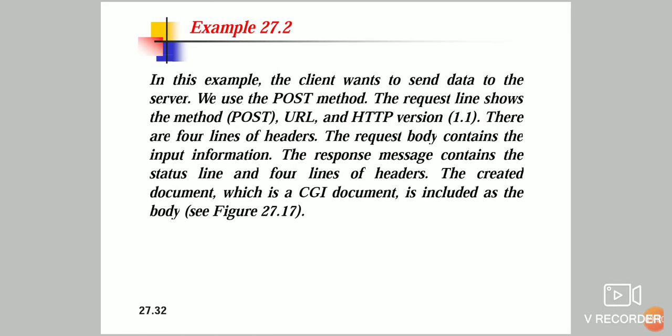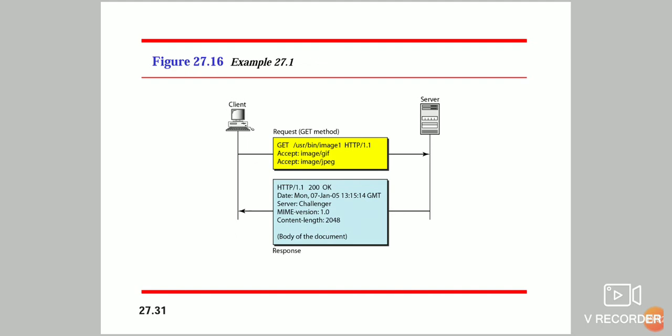So we'll see an example of HTTP. Here a client machine is requesting using the GET method, and you are getting a response from the server. The response is 200, which means whatever web page I requested is available. Here I am requesting an image, which is a GIF or JPEG. I'm looking for image one.